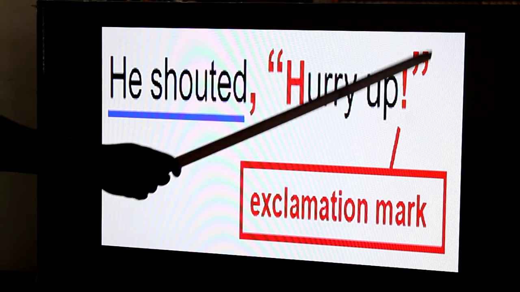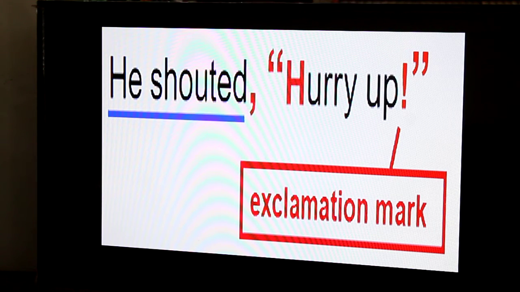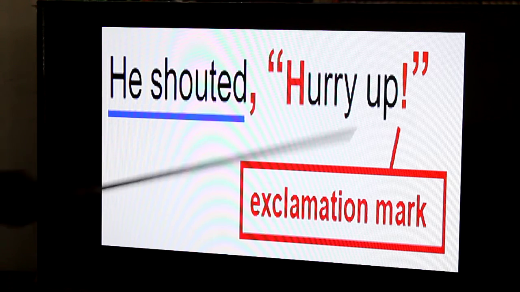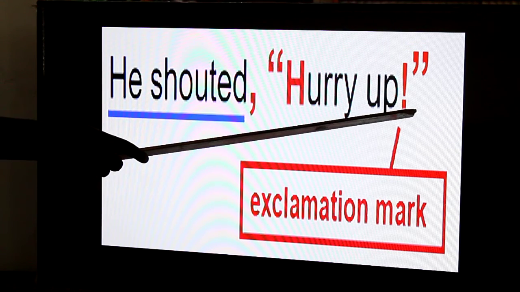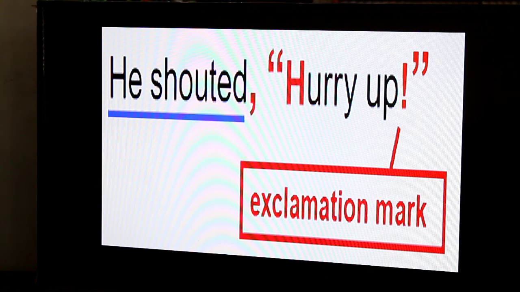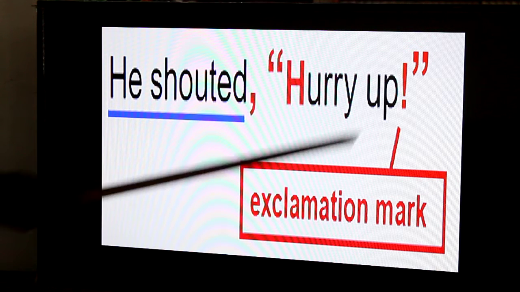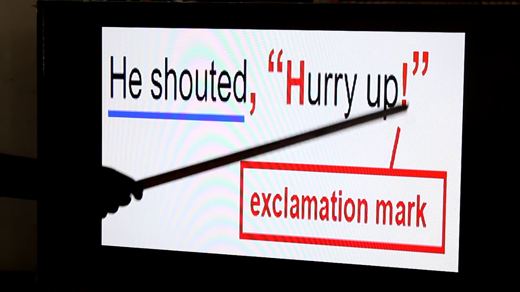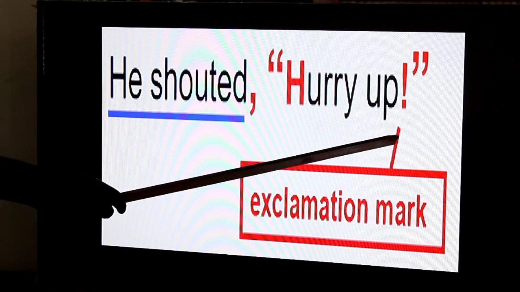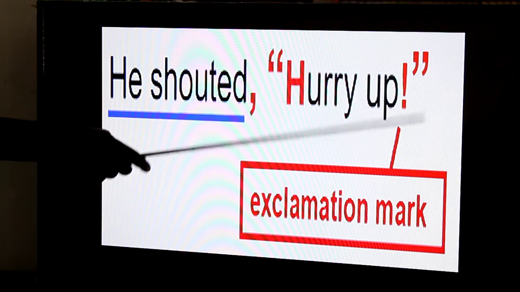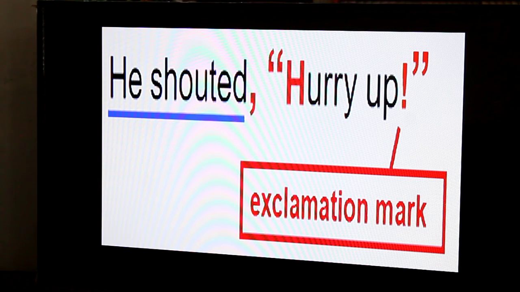Exclamation, close. So whatever punctuation mark is coming at the end here, it must be within the inverted commas. The inverted commas must come at the end, and they should not be at the same perpendicular. What I mean is that you cannot place the exclamation mark directly below the inverted commas.